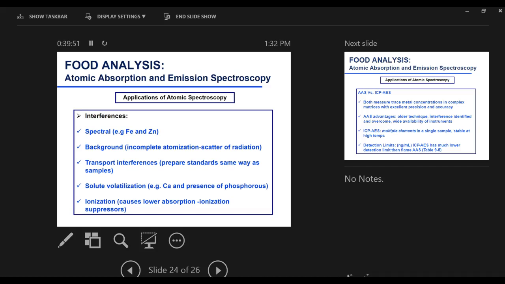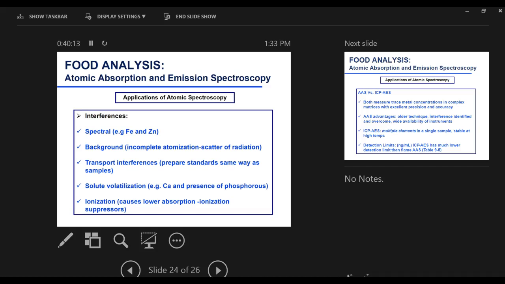In this case, you try to choose a wavelength that does not overlap with the other one. It could be another wavelength rather than lambda max, but you can still measure absorption, so you select that wavelength, and you again play around with your slit width.